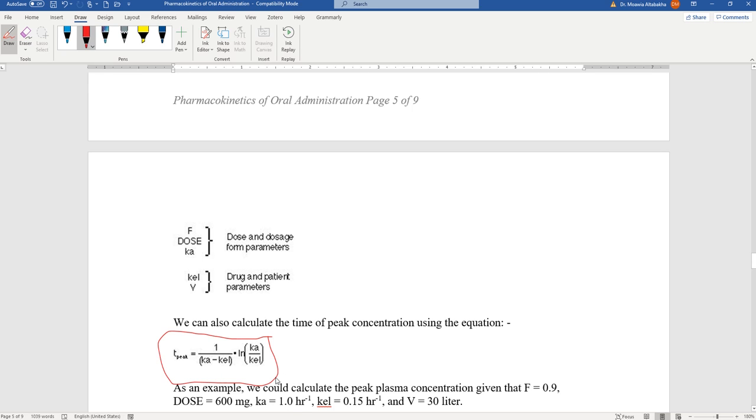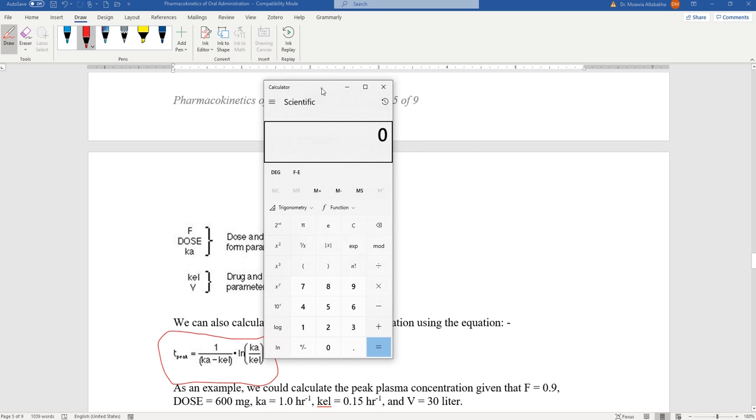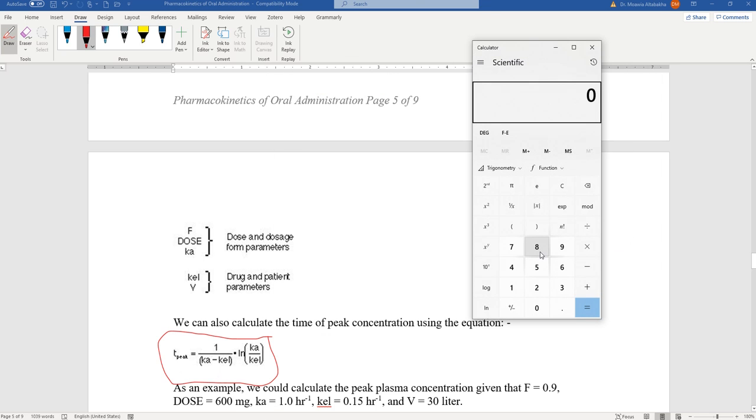How can I calculate T peak? T peak equals 1 divided by Ka, which is 1, minus 0.15, which is KL, multiplied by ln Ka divided by KL.